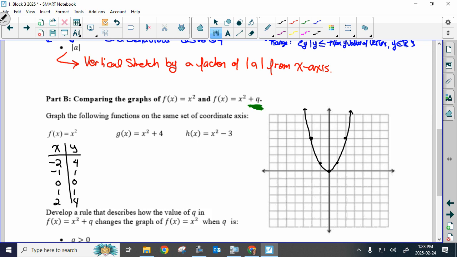Now what I want you guys to do is graph g of x and give me the table of values for your g of x. And then graph your h of x and give me the table of values for your h of x.